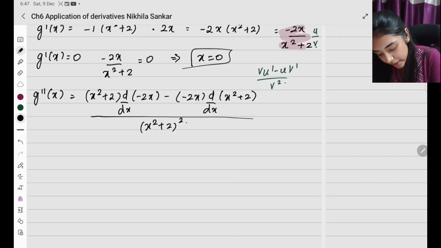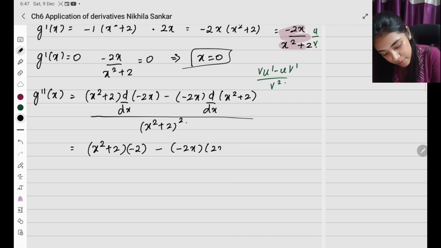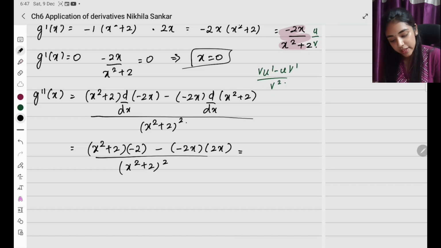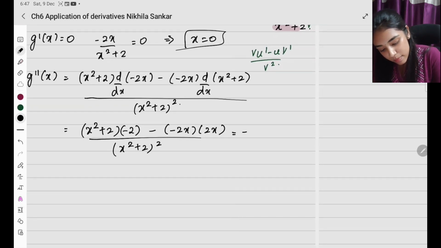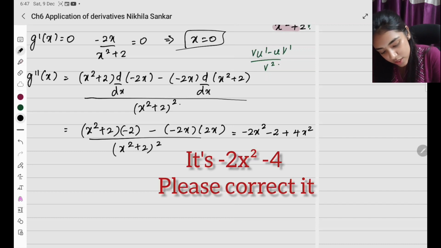Okay. Now when I find this, I have x square plus 2 times minus 2, minus 2x times 2x, the whole divided by x square plus 2 the whole square. This when I simplify, multiplying inside, minus 2x square minus 2. This becomes a plus, so plus 4x square. 2x into 2x is going to be 4x square.